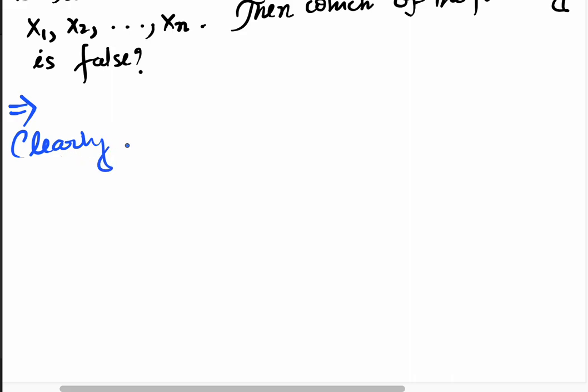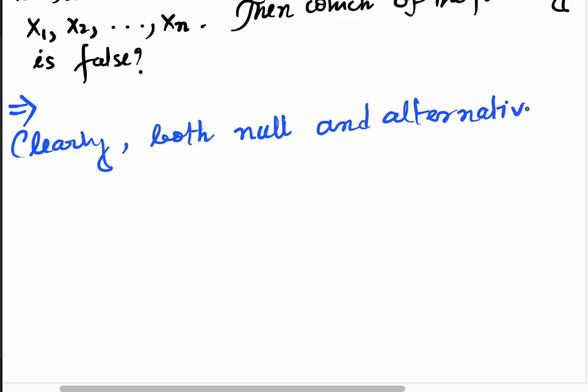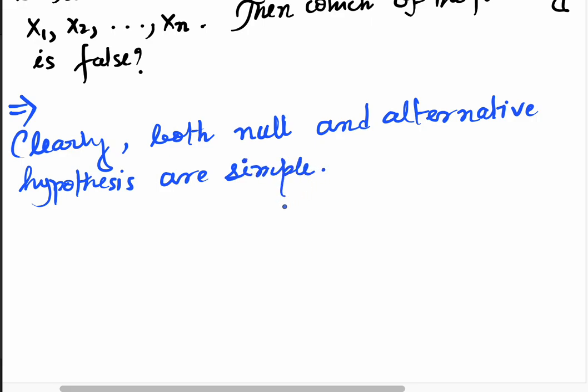Clearly both null and alternative hypotheses are simple.